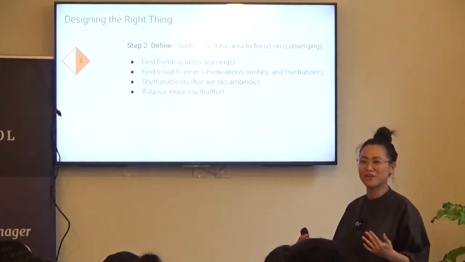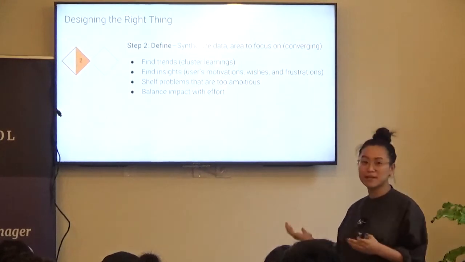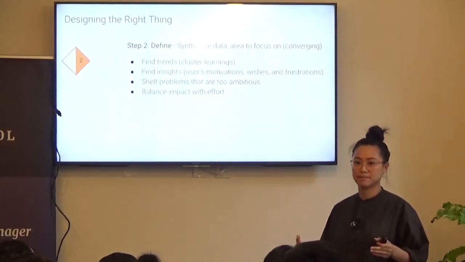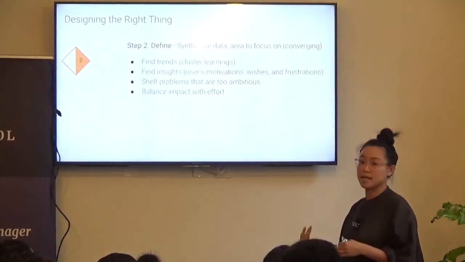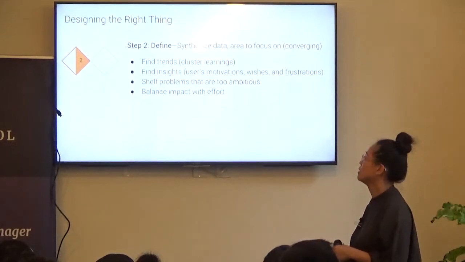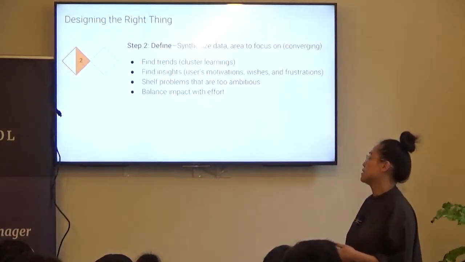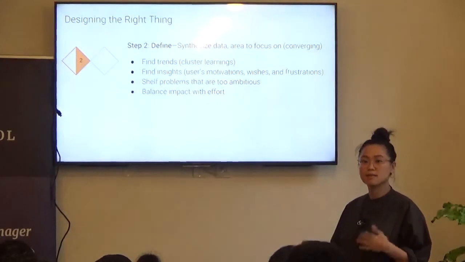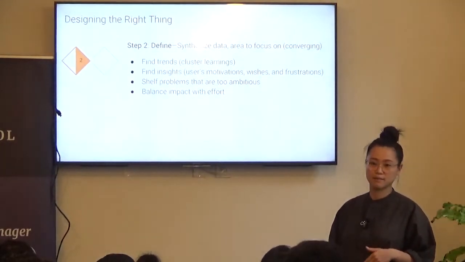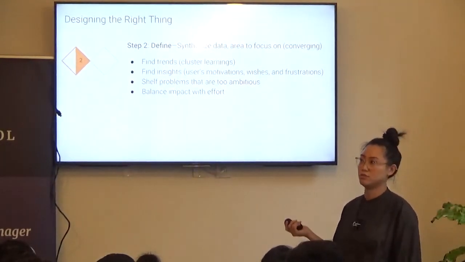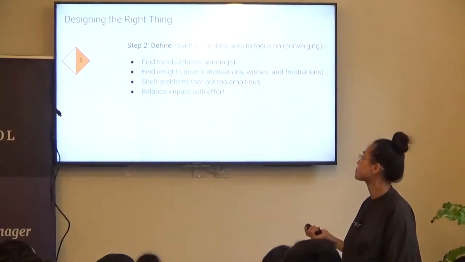So we can't always depend on developers to solve problems. Sometimes problems need to be solved by design, and you need to figure out what that is, and you have to balance impact with effort. Ideally, greatest impact, least amount of effort is usually what most people like.